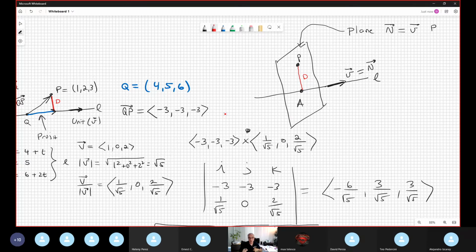Now, the intersection of the line and the plane, similar to what I did before, gives you the point A. The distance between A and P is the famous distance formula that you know very well: the square root of (x2 minus x1) squared plus (y2 minus y1) squared plus (z2 minus z1) squared.